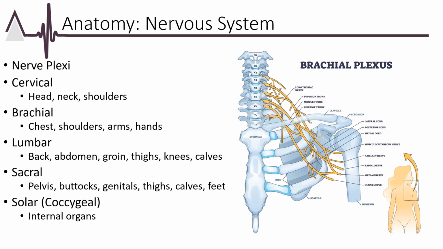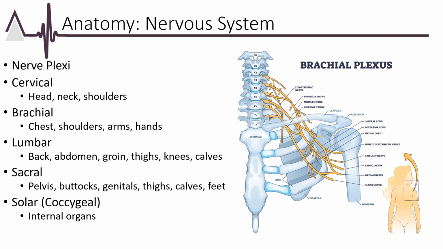A nerve plexus is a network of intersecting nerves that combines spinal nerves that serve the same body area. The name of the plexus indicates the portion of the body they serve. For example, the term brachial refers to the arm, while plexus means a network or interweaving of nerves.